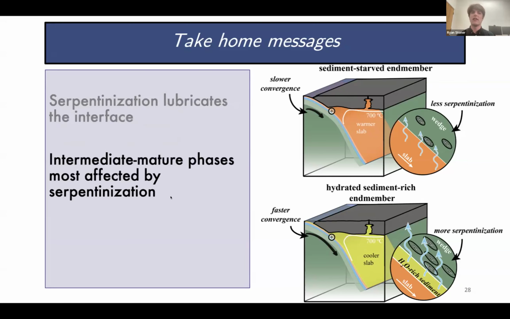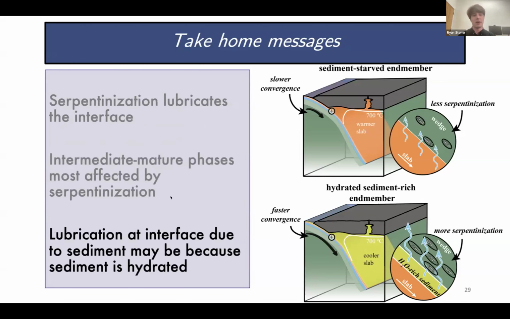We do see that the intermediate to mature phases are most affected by the serpentinization. That just means that there has to be some amount of time for serpentinite to grow into the system. So that's explained by that component.